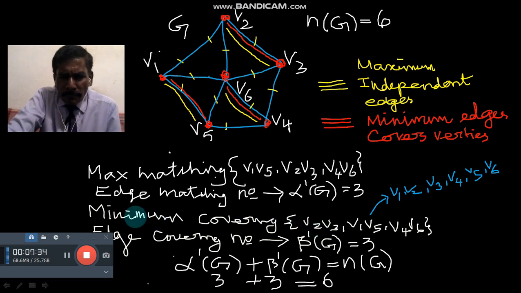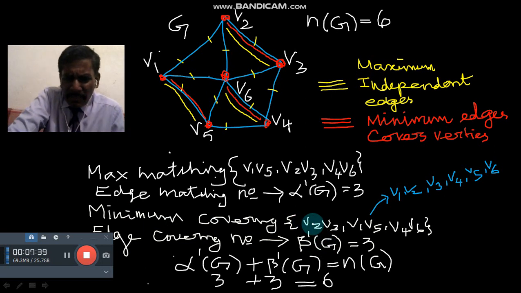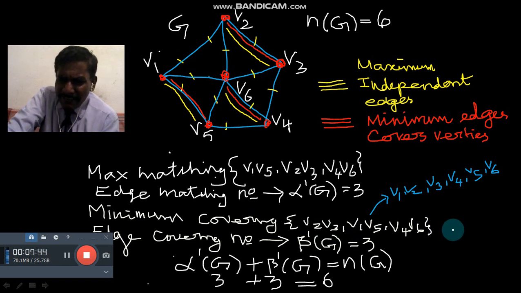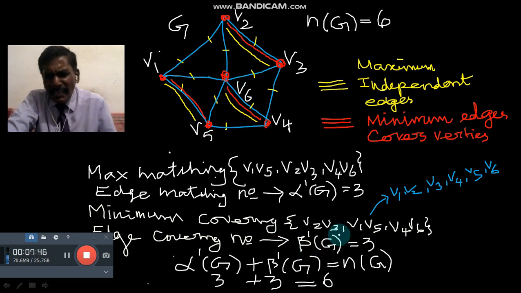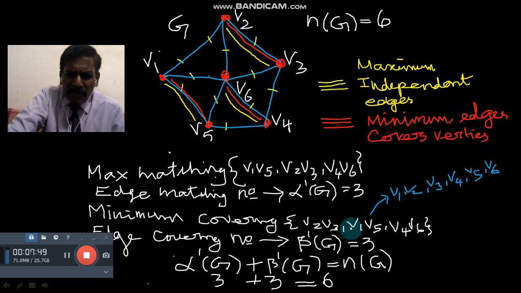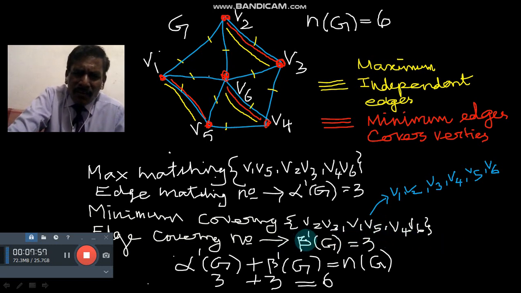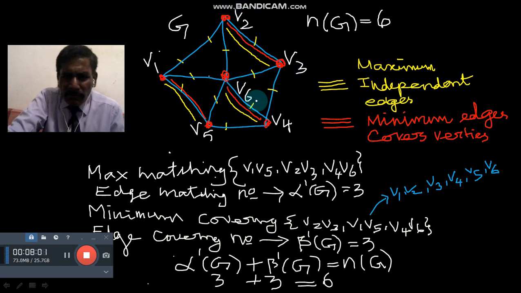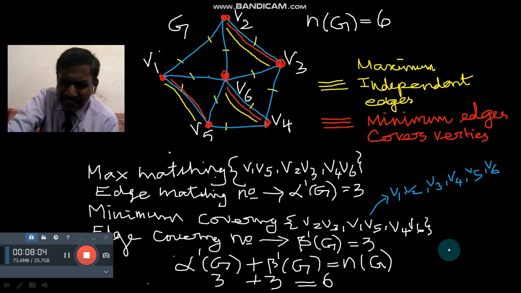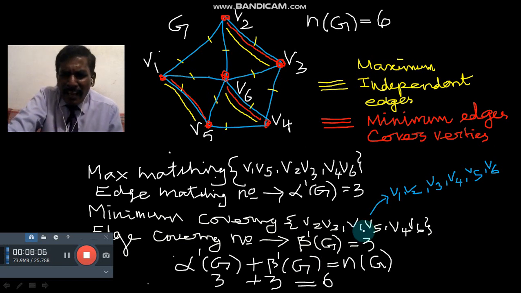Now, we talked about minimum covering. We can have a lot of coverings, but only a few edge sets can cover all the vertices with the fewest edges in this particular graph. Such an edge set we call a minimum covering.